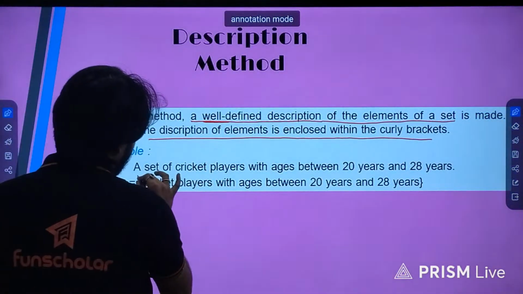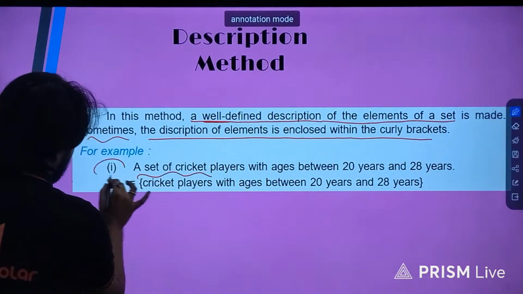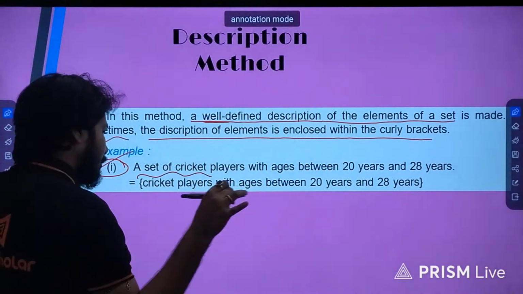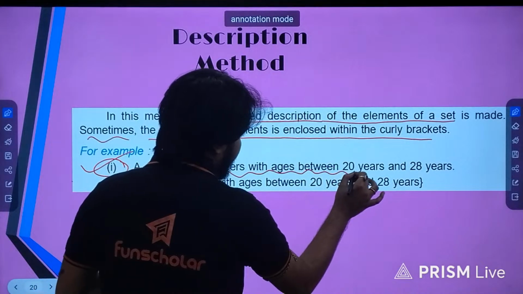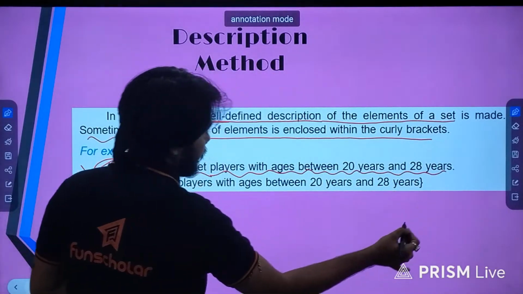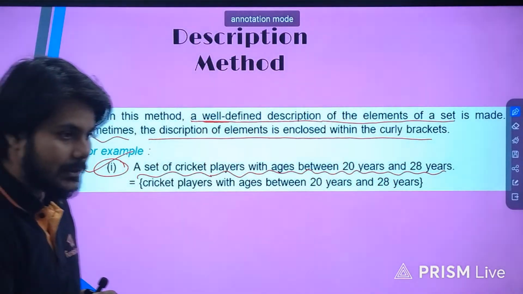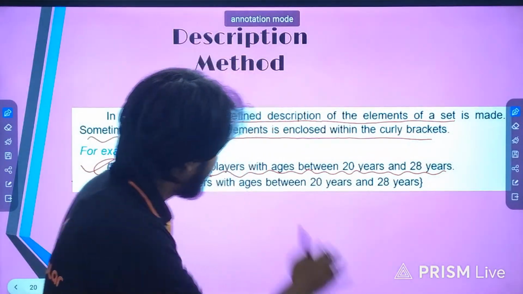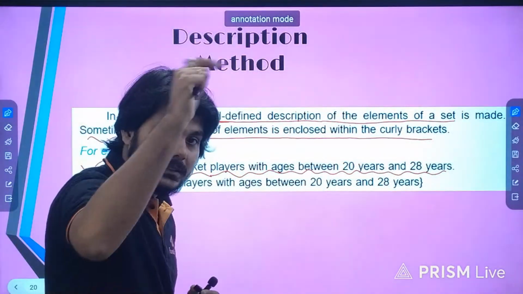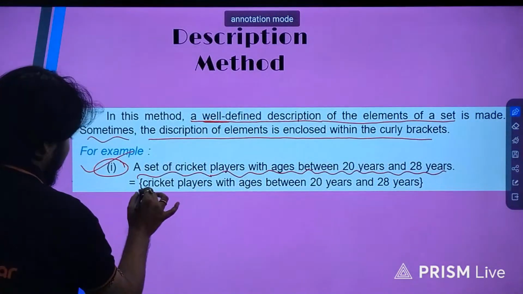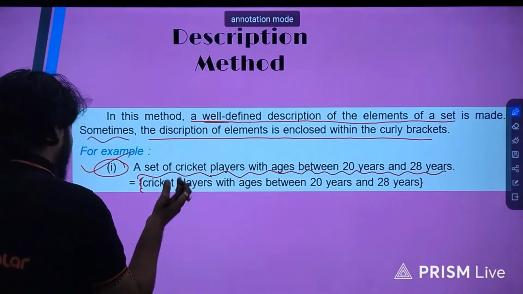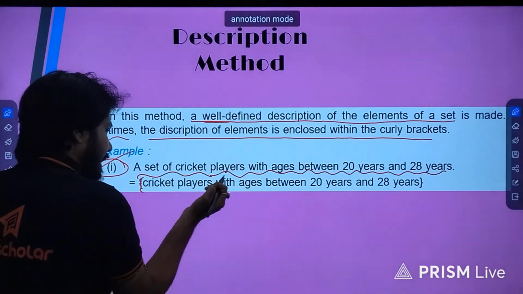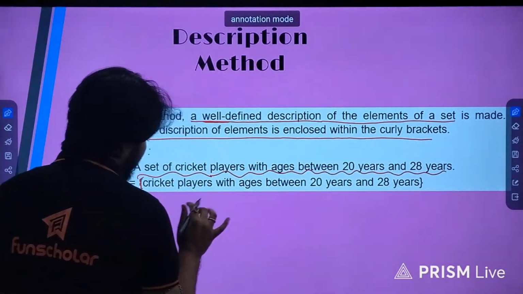Suppose this is the question. You need to represent a set of cricket players with ages between 20 years and 28 years. So how are we going to represent this statement by the description method? Let's see. You can give the curly brackets as given over here: cricket players with ages between 20 years and 28 years.